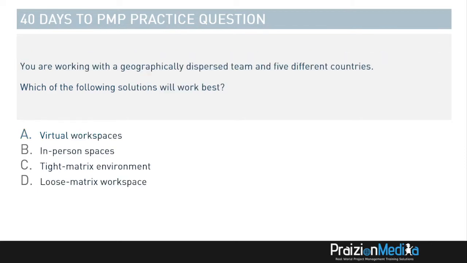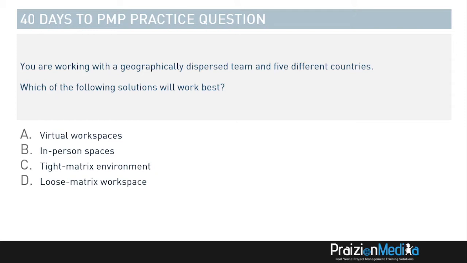Next question. You're working with a geographically dispersed team in 5 different countries. Which of the following solutions will work best? Virtual workspaces, in-person spaces, tight matrix environment, loose matrix workspace.